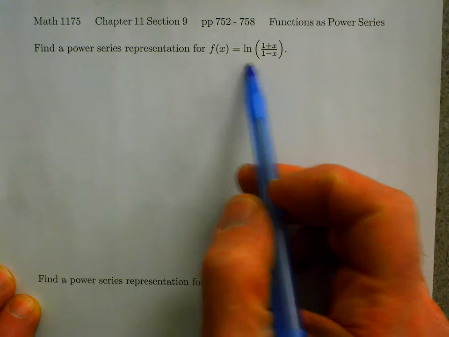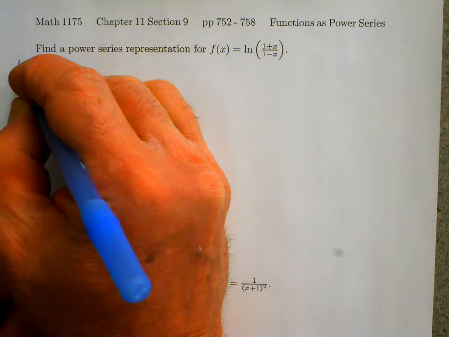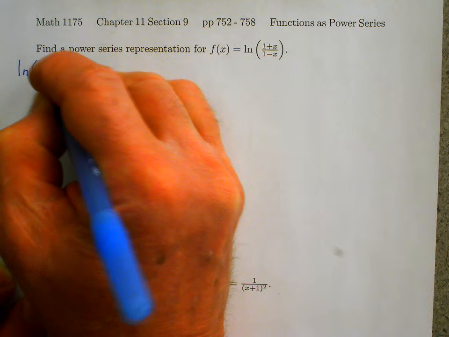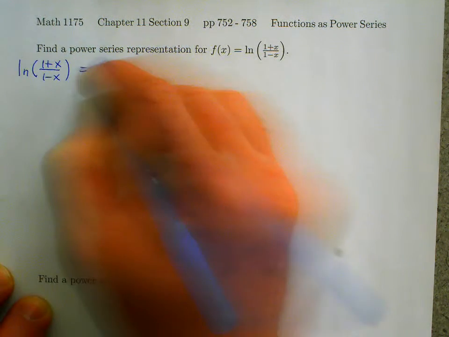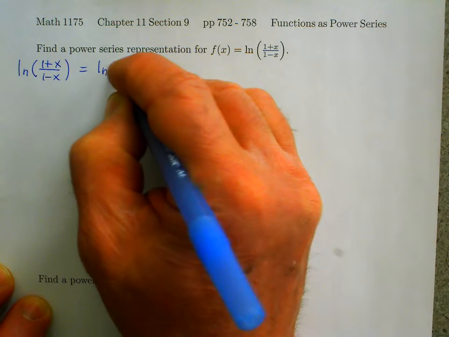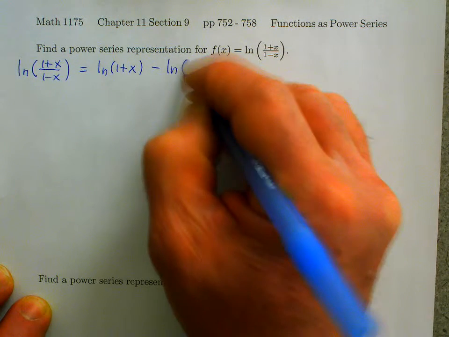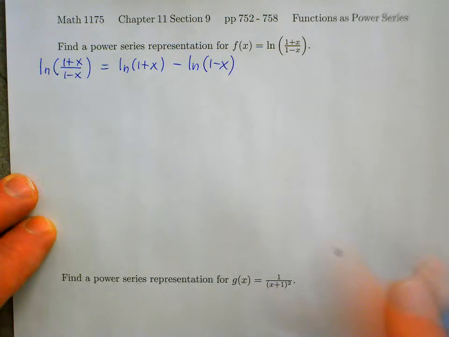Using one of the properties of logarithms, so I hope I don't run out of space, the natural log of (1 plus x) over (1 minus x) is the natural log of 1 plus x minus the natural log of 1 minus x. So this is our f of x.